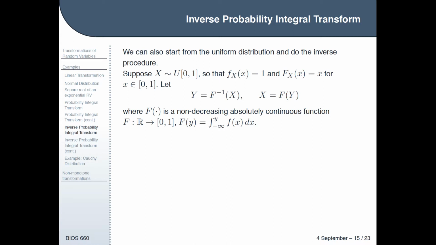So if you define a random variable Y to be F inverse of X, where F is the CDF for some distribution, then it's fairly easy to show that the distribution function for Y is going to be just the integral from minus infinity to y of f sub X dx, which is precisely the definition of the CDF for a random variable with distribution function F.